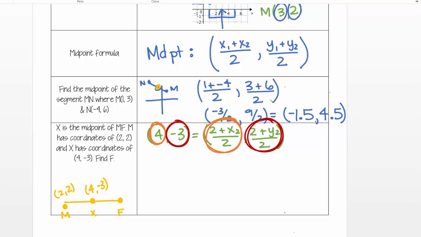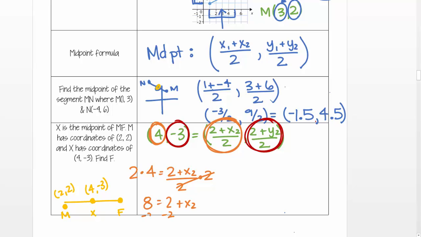So you can set up two different equations if you want. I can say I know 4 has to equal 2 plus something, all divided by 2, and solve this. So the opposite of division is multiplication. And then we'll subtract 2. So we get that 6 is my x.